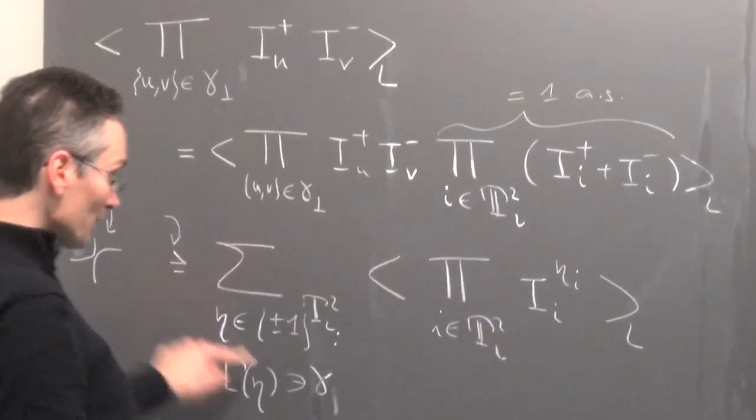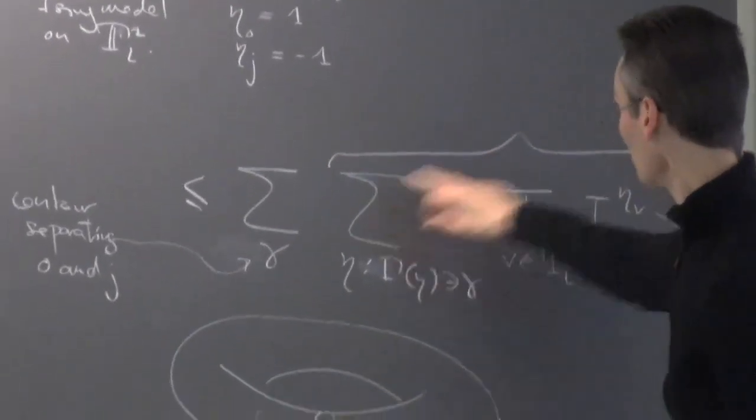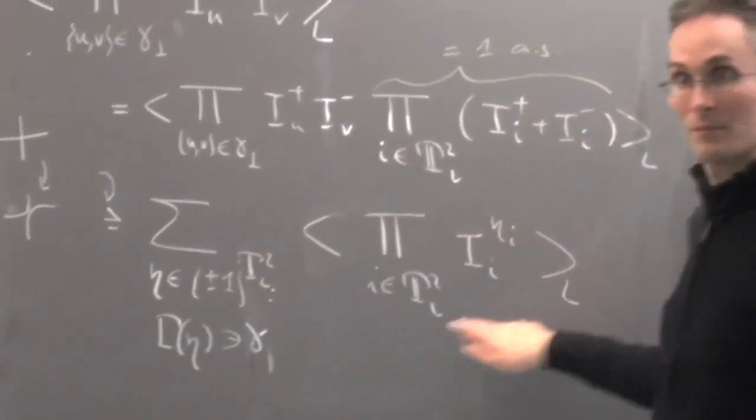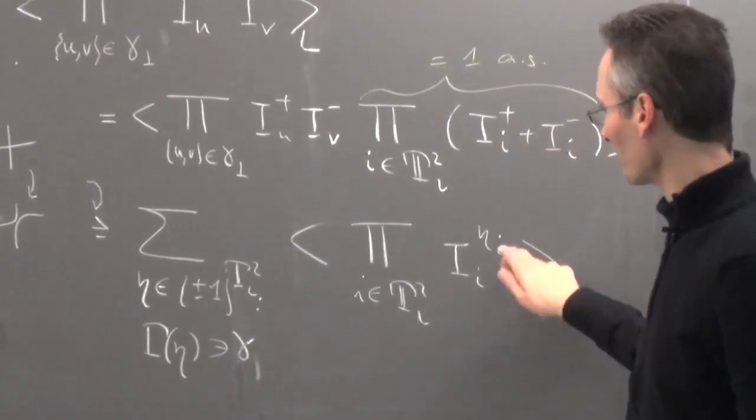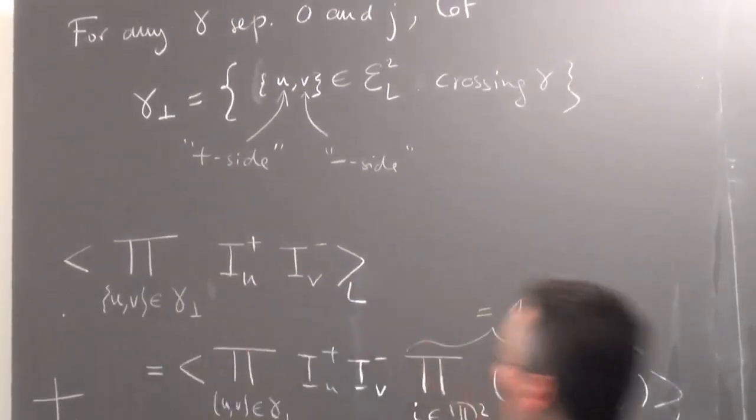Now we recognize here, it's exactly what we had there. This term here is exactly the same as this term here. There's zero difference. It's exactly the same, except that I used v instead of I. It's the same expression. So that means that I get an upper bound there by replacing it by this.